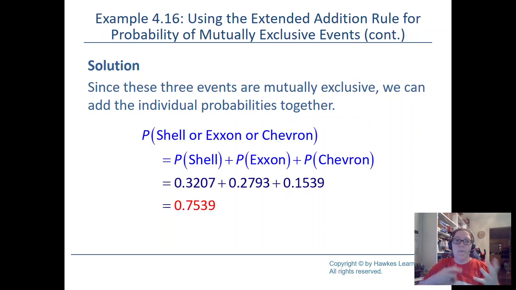So basically it's going to be the probability of Shell or Exxon or Chevron. So plus, plus, plus. And again, they're all mutually exclusive, so we're just adding them all together, which is going to give us about a 75.39% chance.